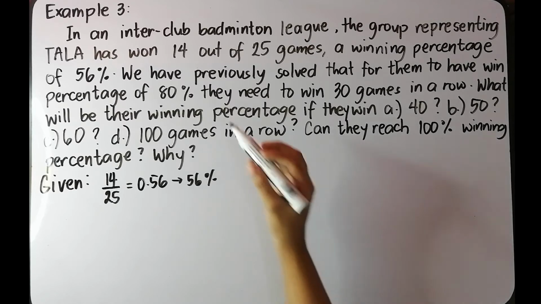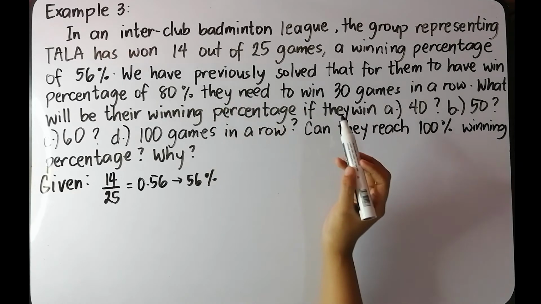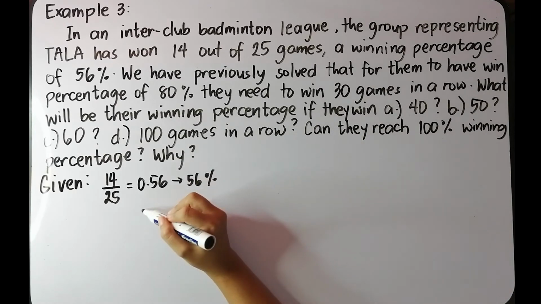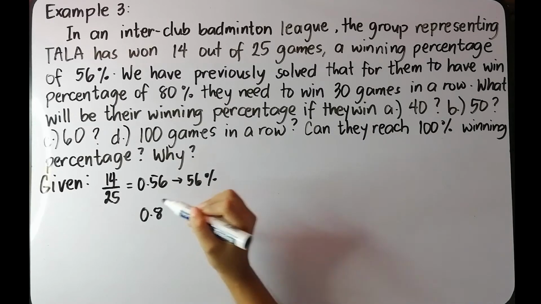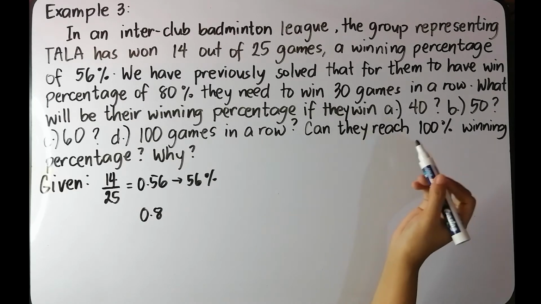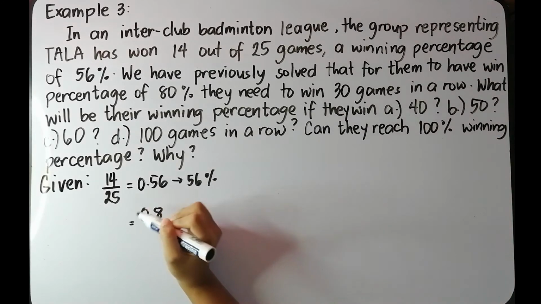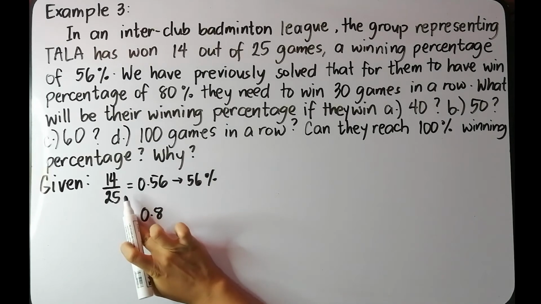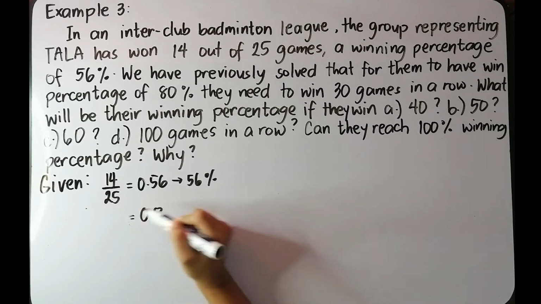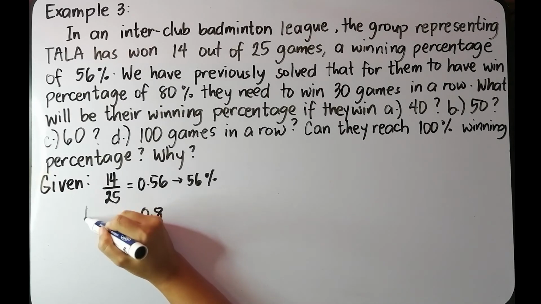So it says here that we have previously solved that for them to have a winning percentage of 80%, meaning 0.8, they need to win another 30 games in a row. So how did they get that?